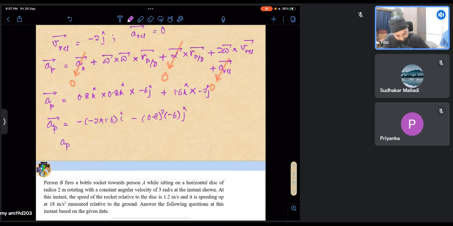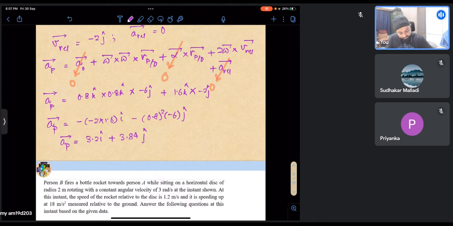So acceleration of P is minus 3.2 i, and minus of 0.8 squared into minus 6 is 3.84 j.